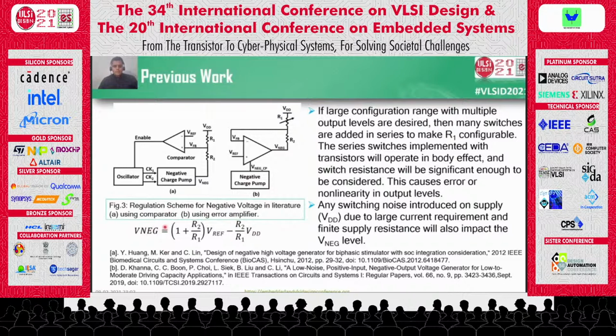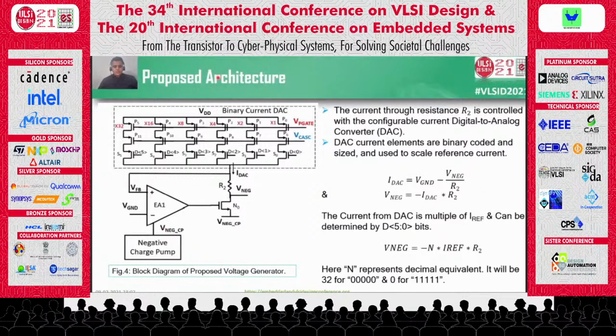To cater to these problems, we are proposing an architecture which is based on a DAC and the error amplifier. Here we see that VNAG will be V ground minus R2 times IDAC, and we are using reference as V ground voltage, so VNAG will be minus IDAC times R2. This IDAC is different multiples of IREF, so VNAG will be minus N times IREF times R2, and here N represents the decimal equivalent.